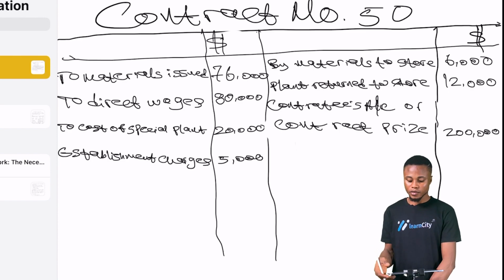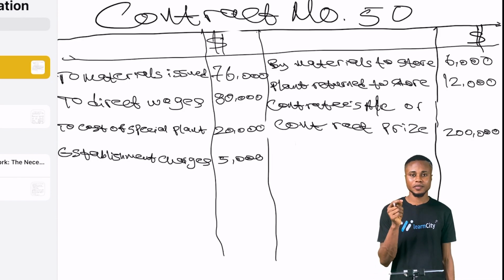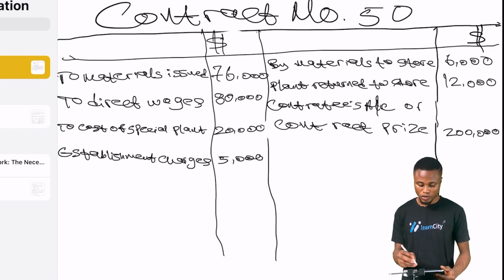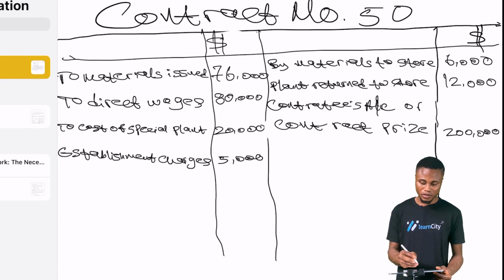Okay, so if you total the debit side and the credit side of this transaction, it will show that the balance of the credit side is way higher than the balance of the debit side. And the remaining part is $30,000. That $30,000 will go to the profit or loss account. So this one will be on the debit side.